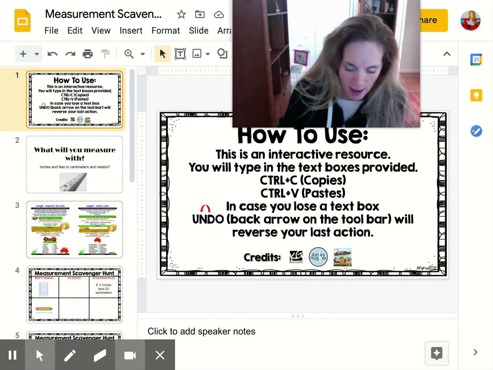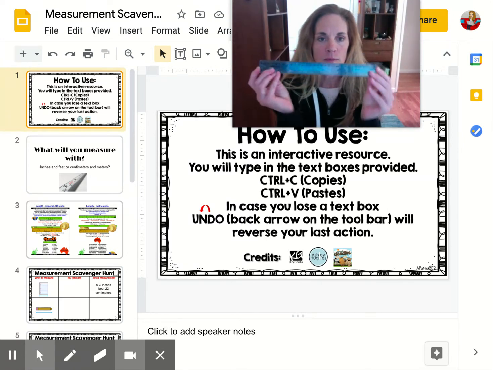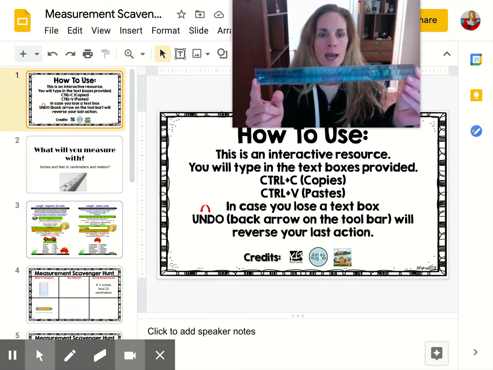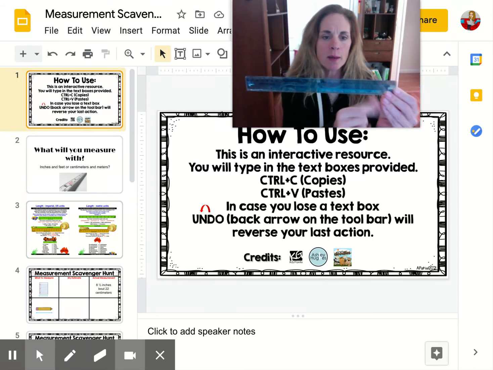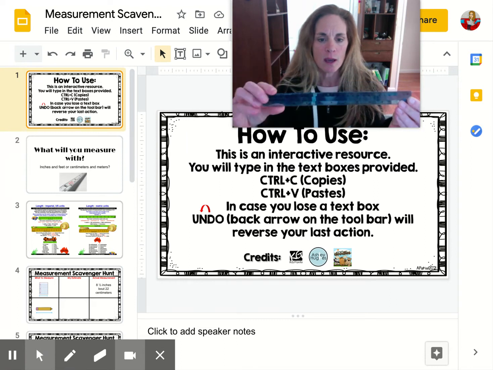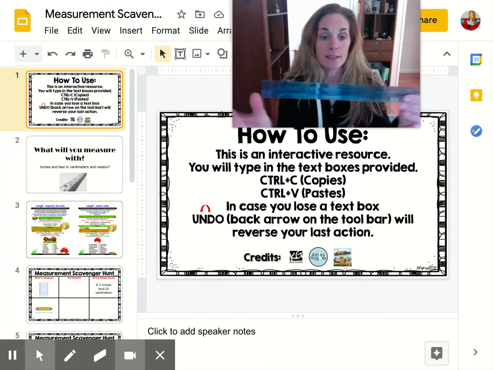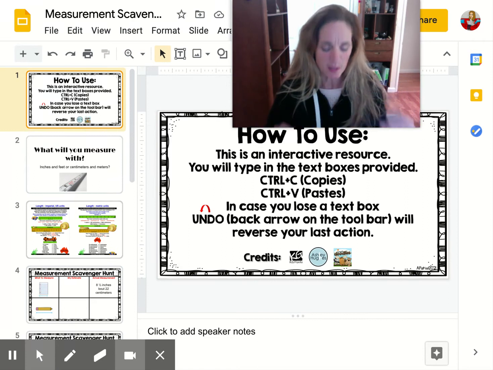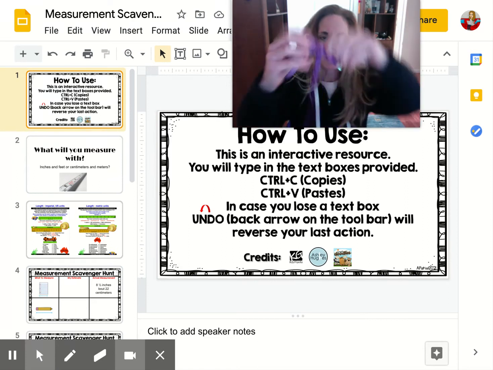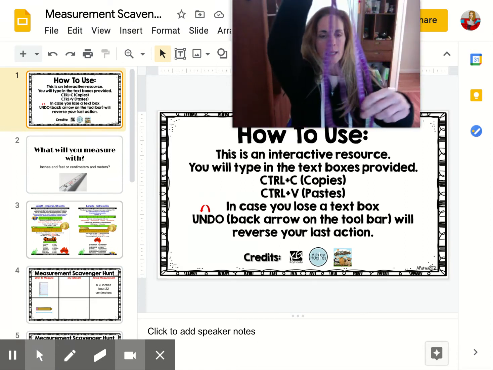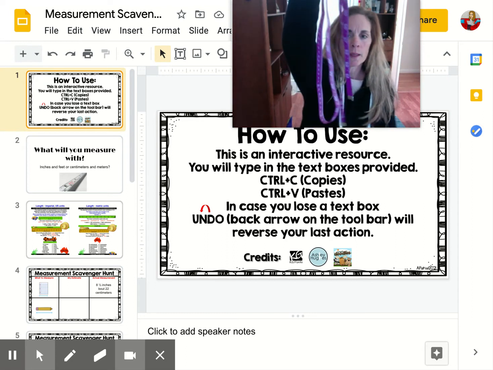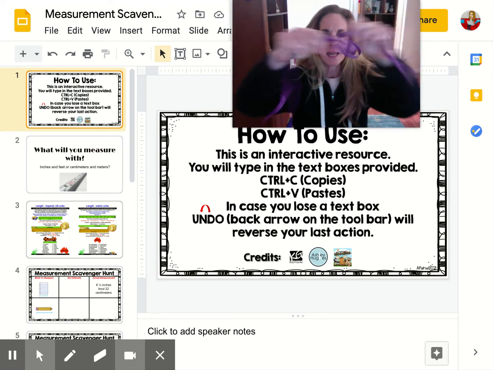Well, we have rulers. My ruler has inches on the bottom and centimeters on the top, or centimeters on the bottom and inches on the top. I also have this, it's called a tape measure because it's flexible like tape.